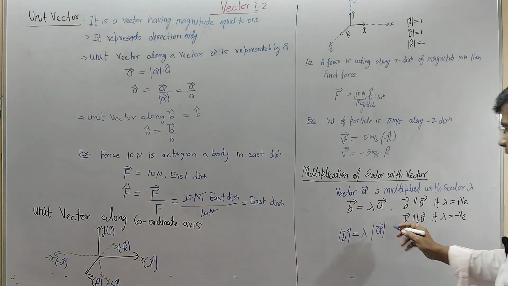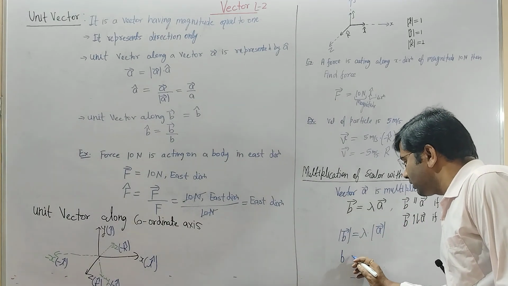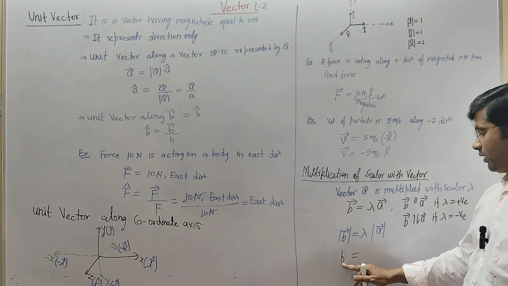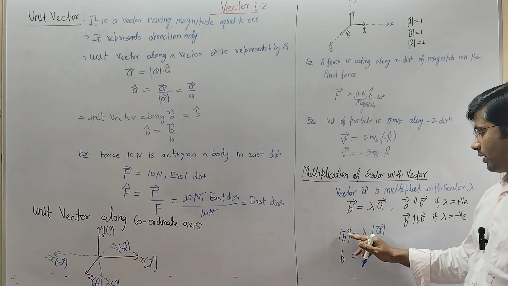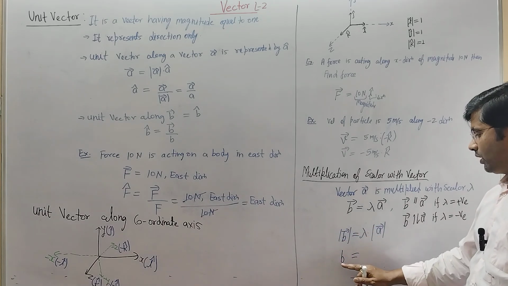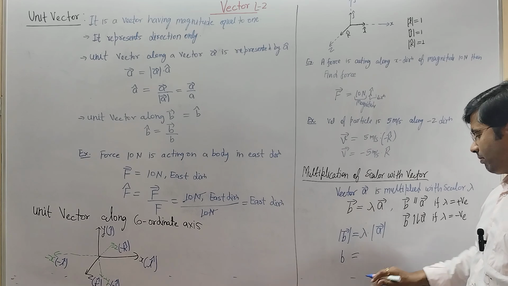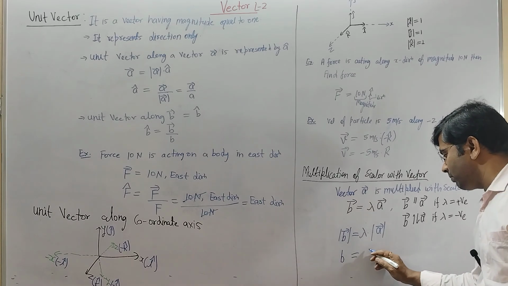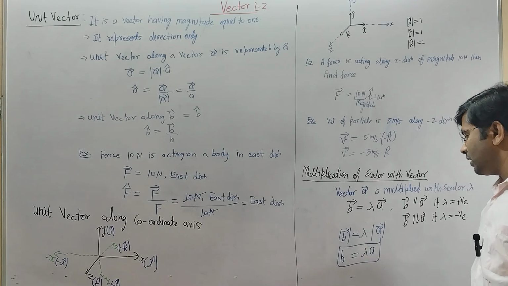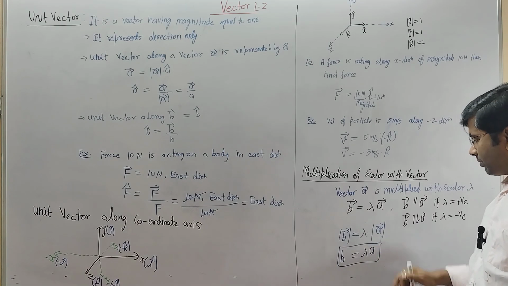So we can also write like this. This represents magnitude. This is another way to represent magnitude. If you write vector in mod, this will represent magnitude. This letter only will also represent magnitude. So here b equal to lambda into a also, we can say.